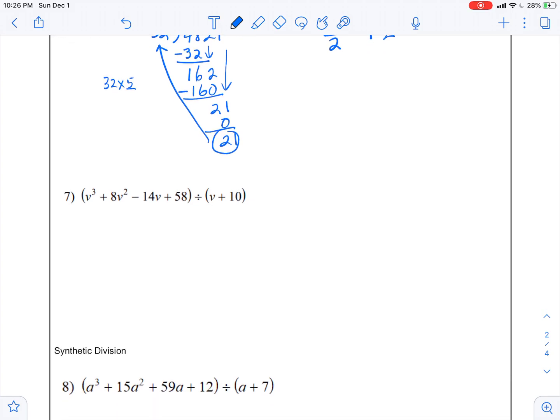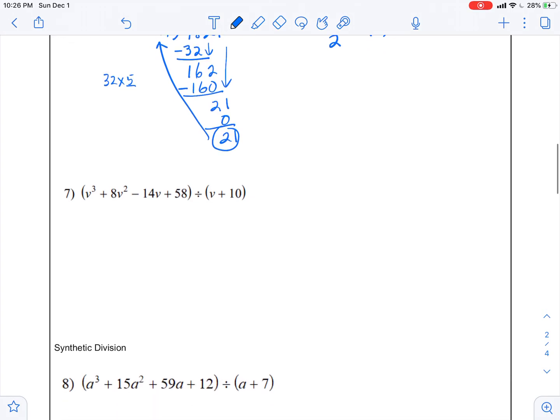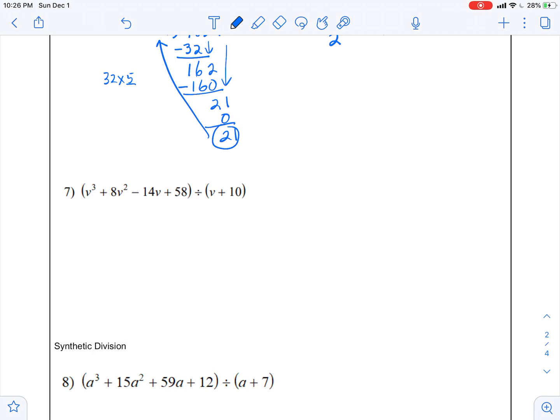So here we go. I'm actually going to come over to the side and make sure I have room. So let me get this rewritten. That's the first thing you want to do. Now here's a couple of keys. If there is a missing term, 3, 2, 1, 0, nothing's missing here. But if there is something missing, it works better if you put a 0 to hold the place.